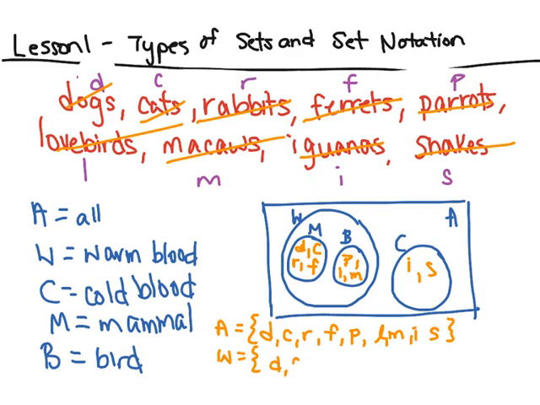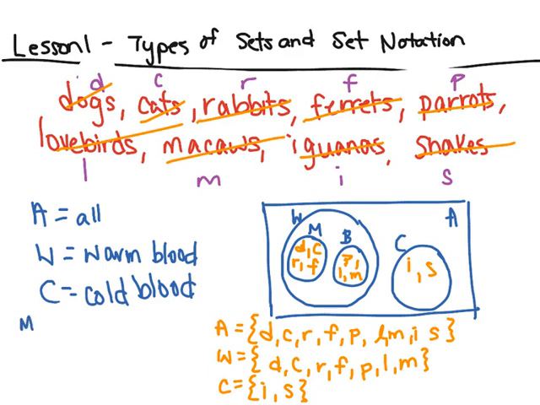So D, C, R, F, P, L, and M. So it's both the mammals and the birds. Cold-blooded is just the iguanas and the snakes. I've ran out of room. Mammals would be equal to D, C, R, and F. And birds would be equal to P, L, and M.